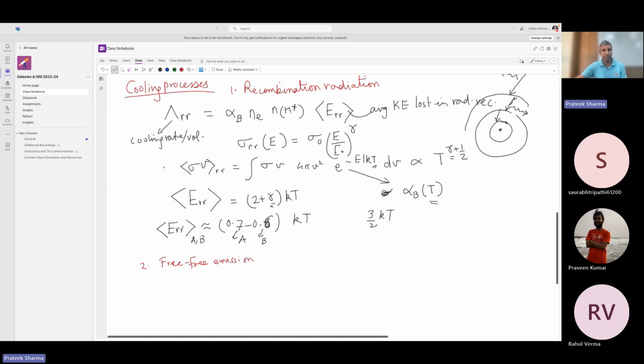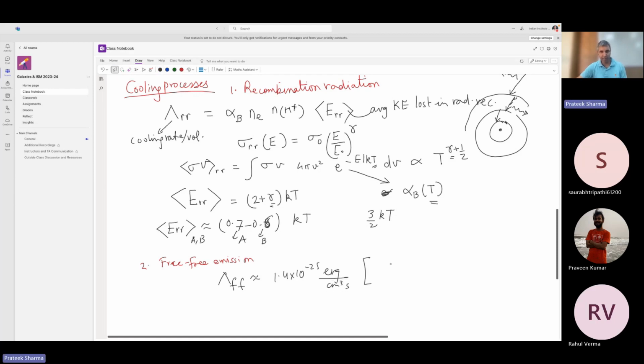So lambda free-free, you can actually derive, is equal to 1.4 times 10 to the minus 25 erg per centimeter cube per second.